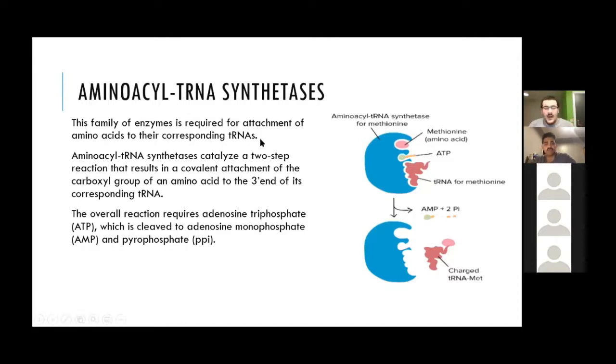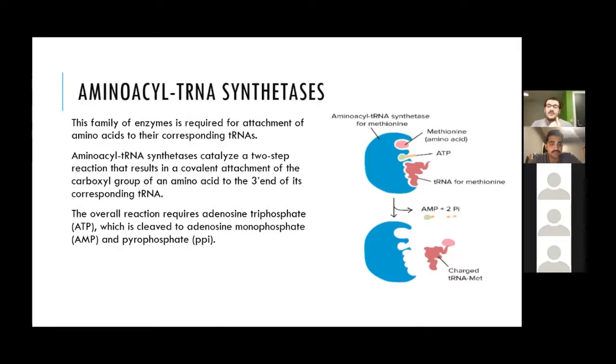And how that happens is that you get the amino acid and you get the tRNA that is specific to it. Through a catalyzed reaction, you get the binding of those two, of course, with the usage of ATP.